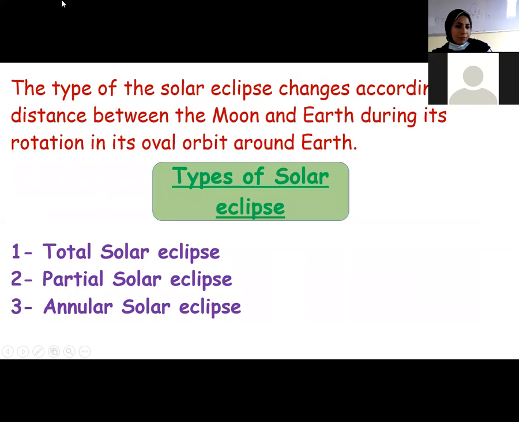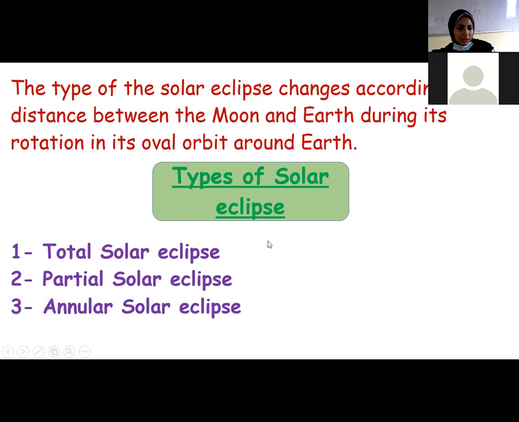So the type of the solar eclipse changes according to the distance between the moon and the earth. Is the moon close to the earth or farther from the earth? If the moon is closer to the earth, the total solar eclipse and partial solar eclipse happen. But if the moon is farther from the earth, the annular solar eclipse happens.